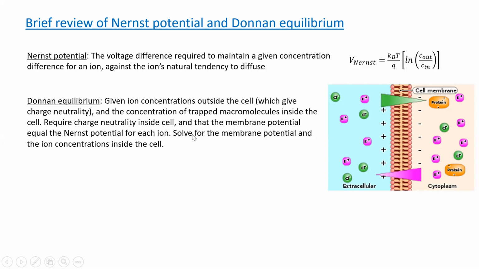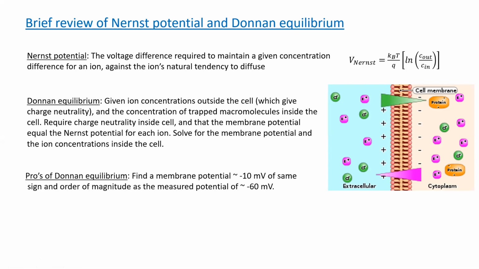So in the Donnan equilibrium, for three ions, that gives four equations in four unknowns, the free ion concentrations inside and the membrane potential, so we can solve for the membrane potential and the ion concentrations inside the cell. So that sounds good.